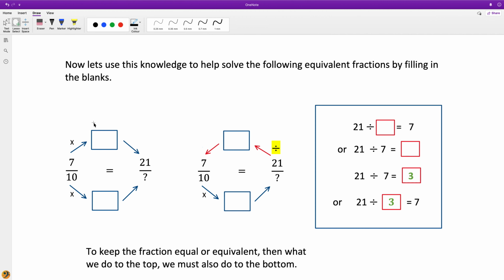So if we follow the same pattern, we have to multiply 7 times a certain number to give us 21. Now, you can probably see over here what the answer is, and if you know your 7 times table, you probably know just off the top of your head what this magic number needs to be.